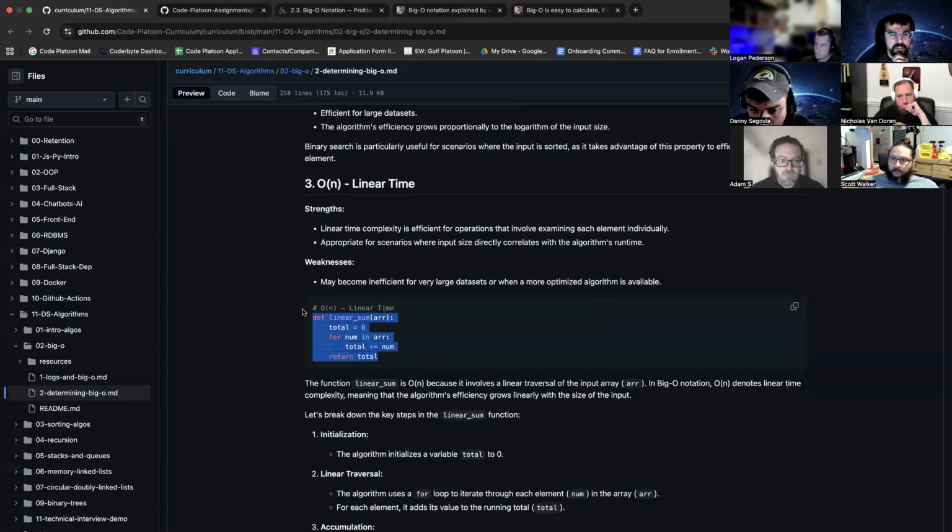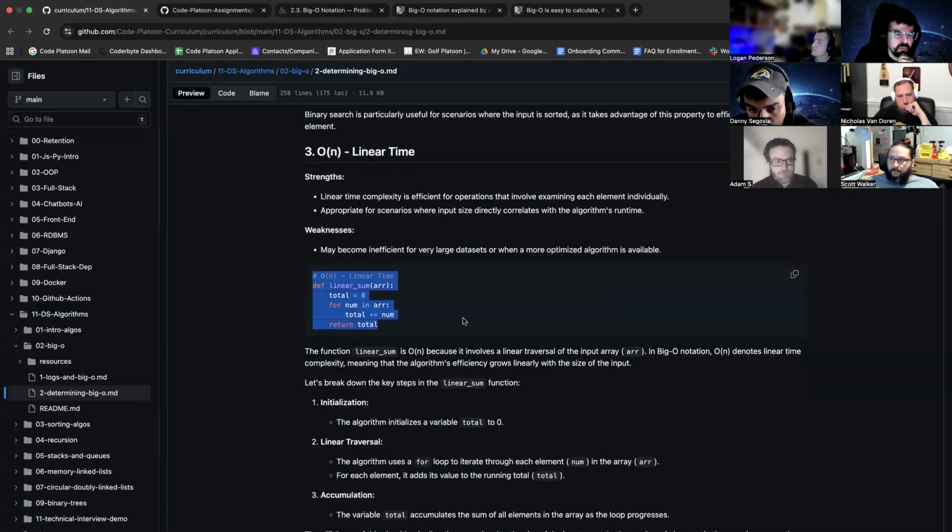Linear time. We went over it. It's the famous loop example. In terms of time, this is O of n. In terms of space, does anyone know what it is?